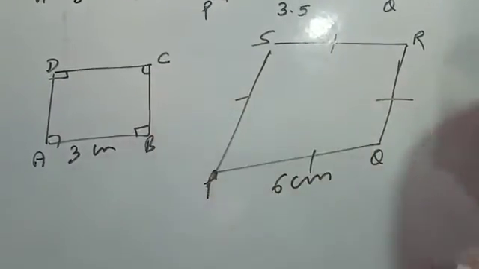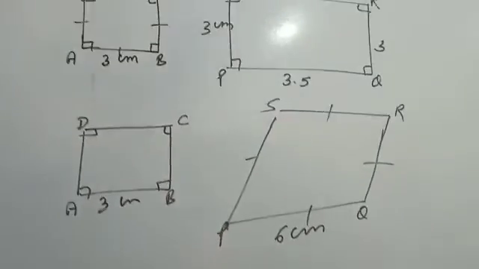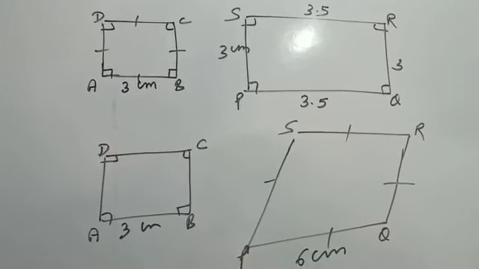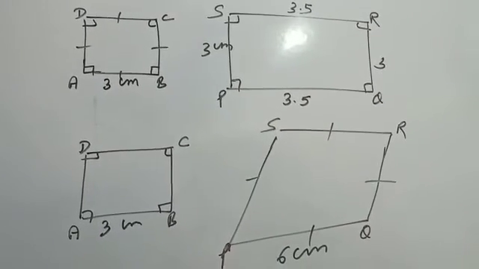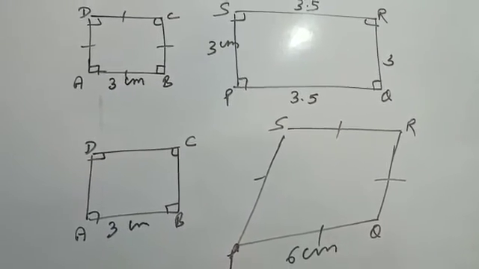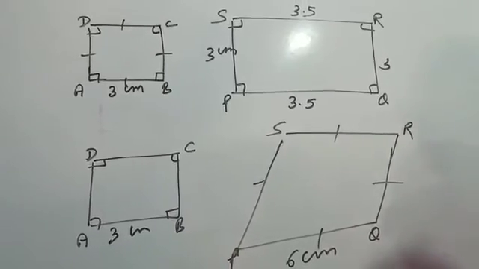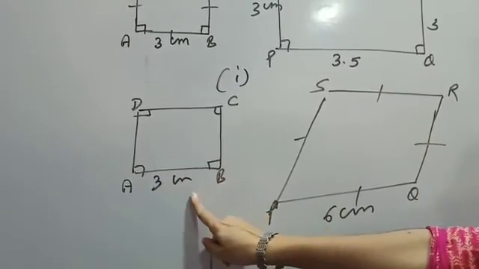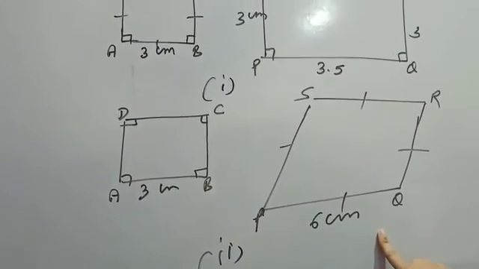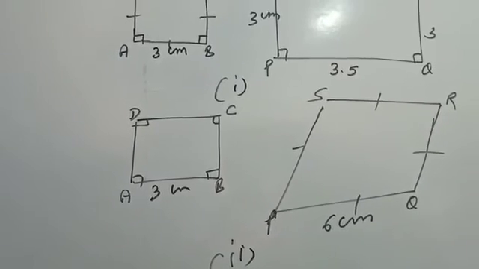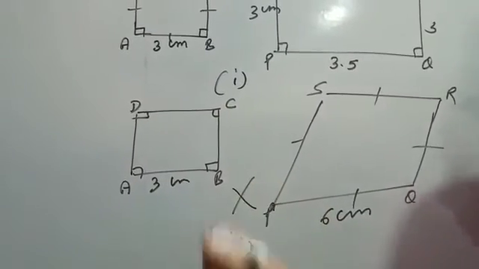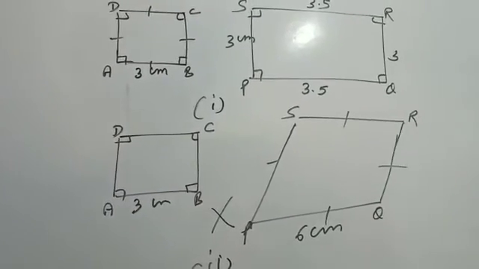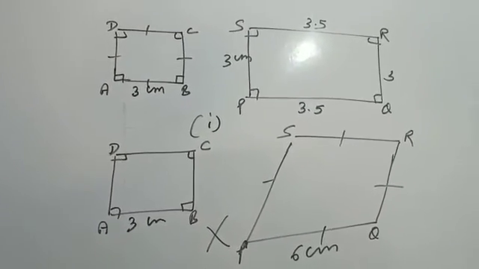Here the angles are not equal, so we can conclude that in the above case the angles are equal but sides are not in the same proportion, so these are not similar. And in the second case, the side ratios are in the same proportion but angles are not equal, so also these are not similar. So similarity means all angles must be equal and all sides must be in the same proportion.